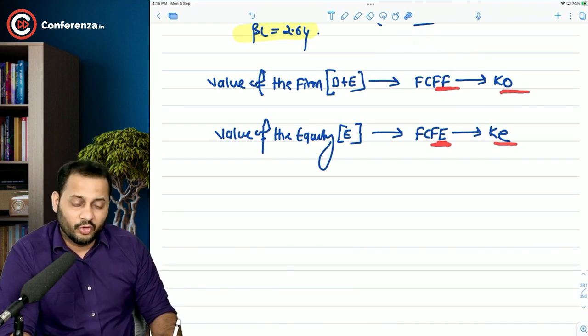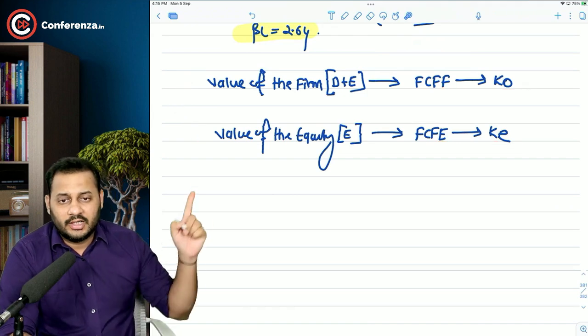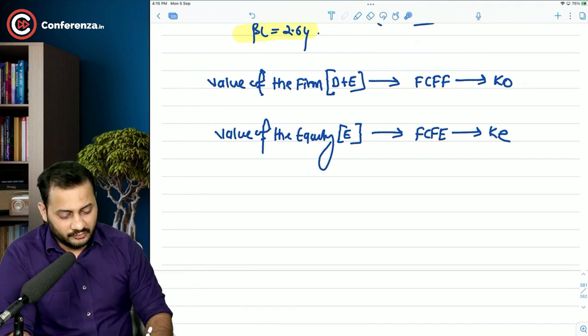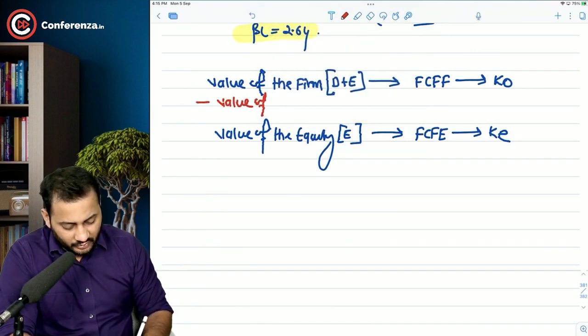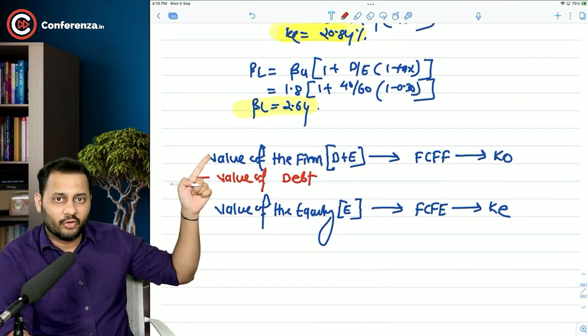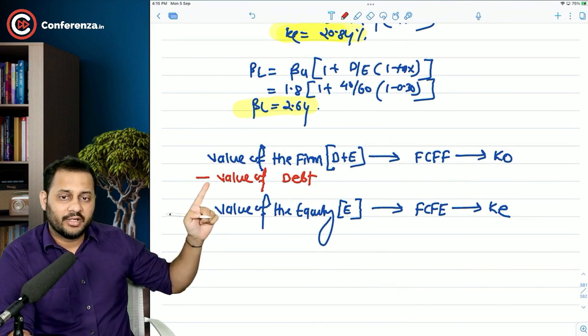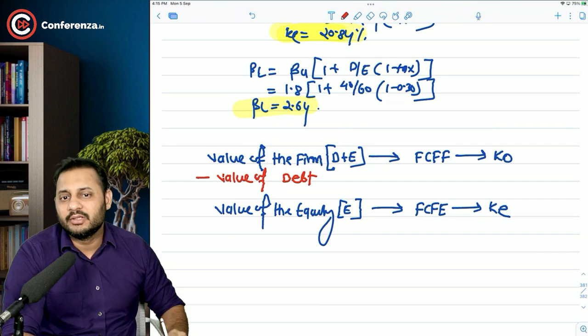And there is one more way to reach the value of the equity from the value of the firm. That's very easy. Just deduct the value of debt. If this is today's value for both, and you deduct today's value of debt, the balance will be the value of equity. That's it, simple.